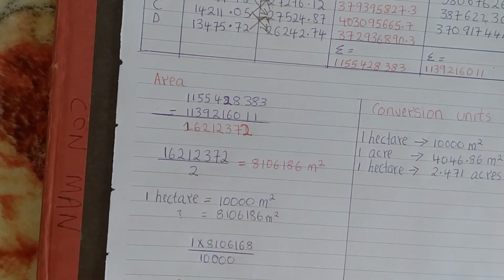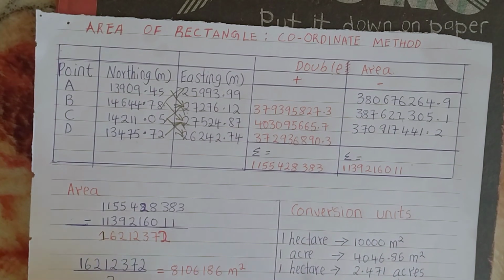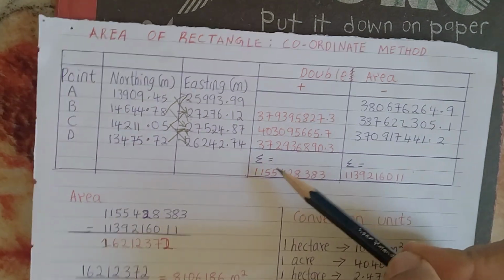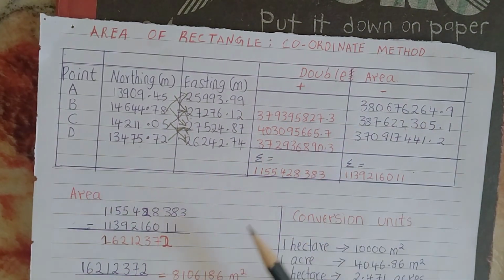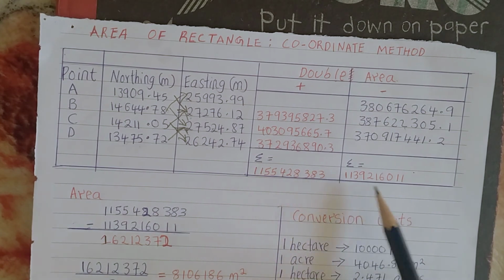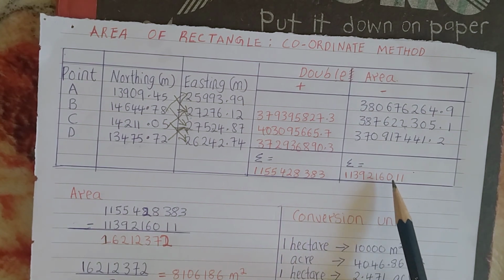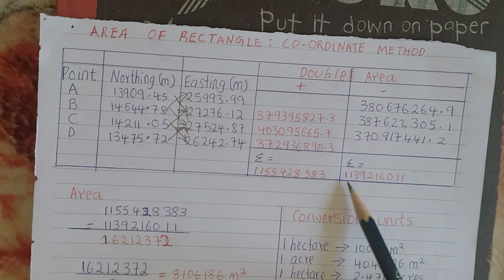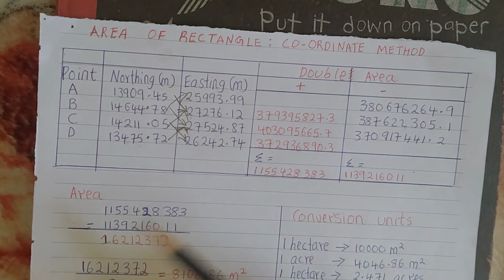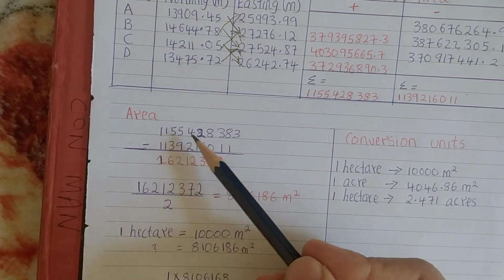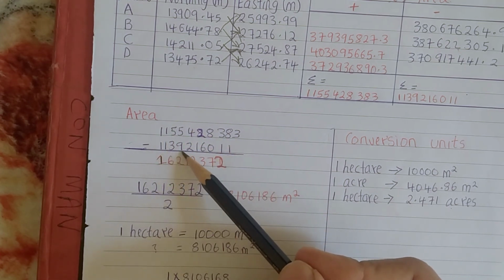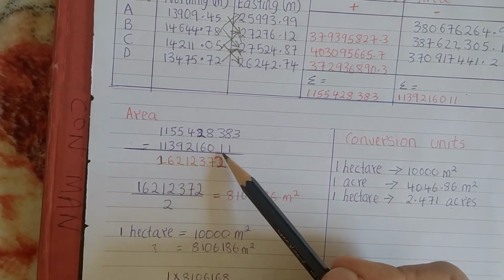So let us calculate the area. If you want to calculate the area, first of all, you take the summation of the positive double area, this one, minus the summation of the negative double area, which is this one. So I've done it here, 1,155,428,383 minus 1,139,216,011.